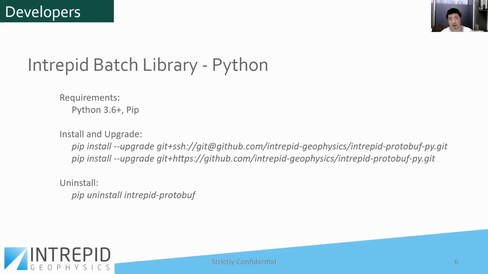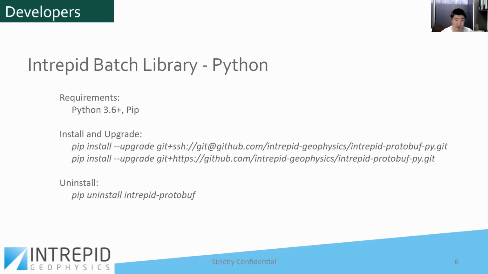I personally prefer the second one because in order to get access to GitHub through SSH, you have to set up your private key pair and upload your SSH key. But for HTTPS, because this is a public project, you can just do it straight away.